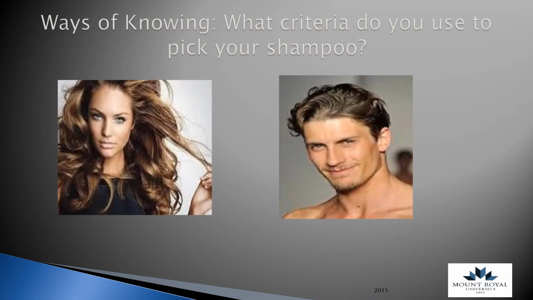So I always like to start off with this fun exercise in class. We're not in class together, but I still would love you to think about it. And when we begin to think more philosophically about our ways of knowing, how do we know what we know? I'd like to challenge you to think about what criteria do you use to pick your shampoo?